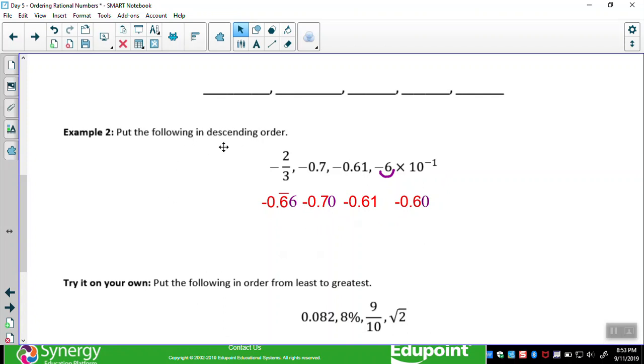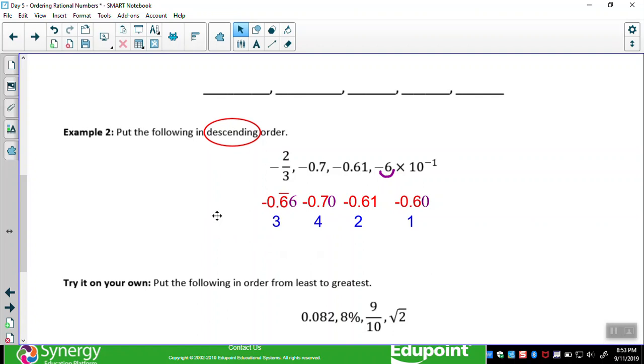So since we want descending order, biggest to smallest, my biggest one is negative 0.6. The next one in the list then would be negative 0.61. The next one would be negative 0.6 repeating. And then my smallest would be negative 0.7.